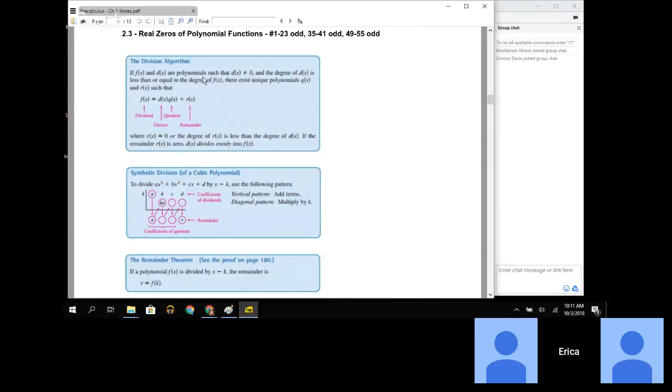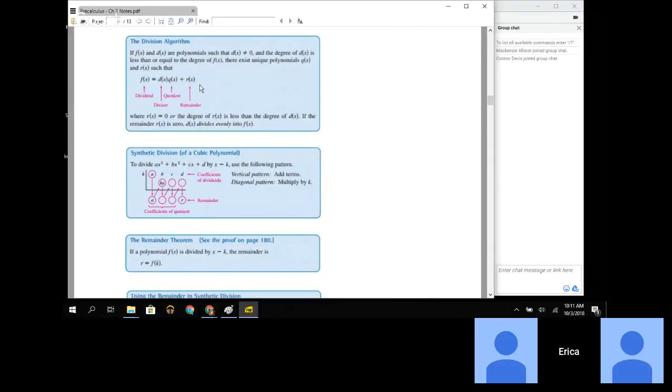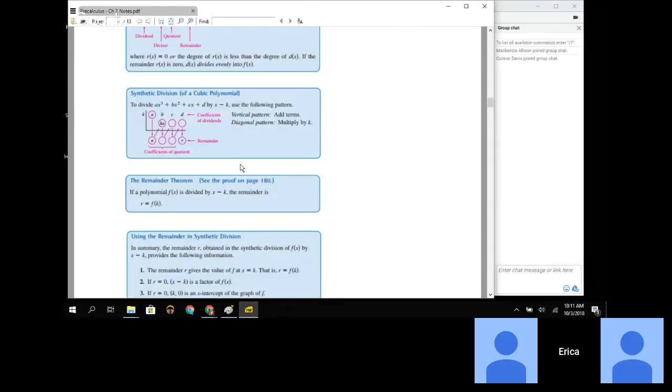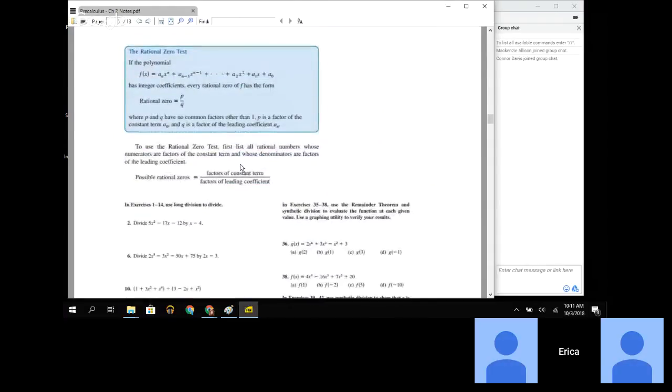Yay! Right? So we're going to talk about how we divide polynomials, and we do that using long division. Bust out your long division skills, right? And then there's also this little technique called synthetic division that we can use, and then we can have a remainder. So just kind of stick with me.